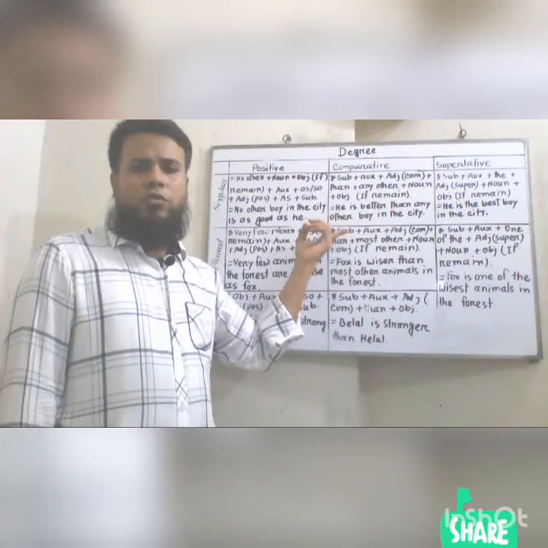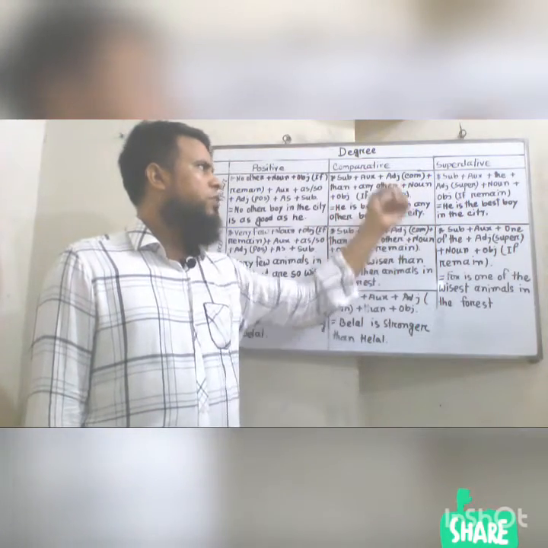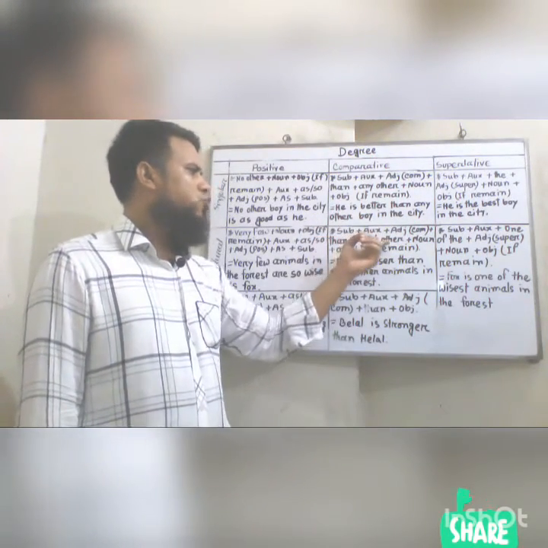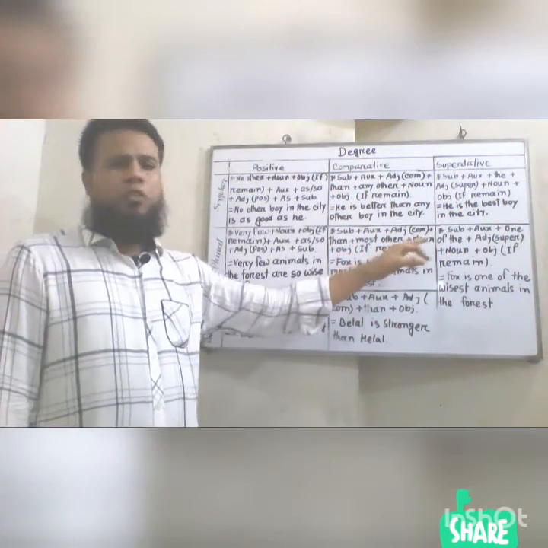If we want to change it to comparative, first of all you have to write down the rule: subject and auxiliary, and then adjective. Com means comparative, and then than and most other for plural, and then noun and object if it remains.